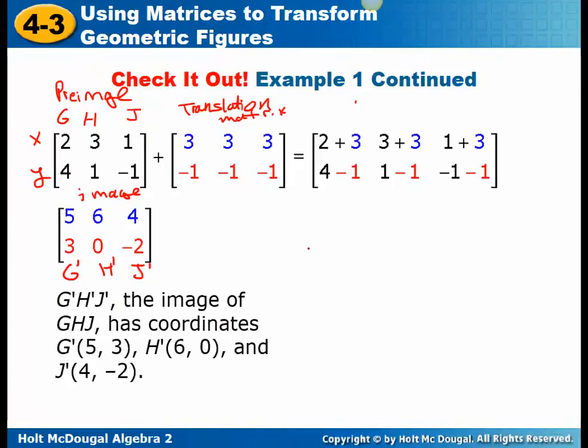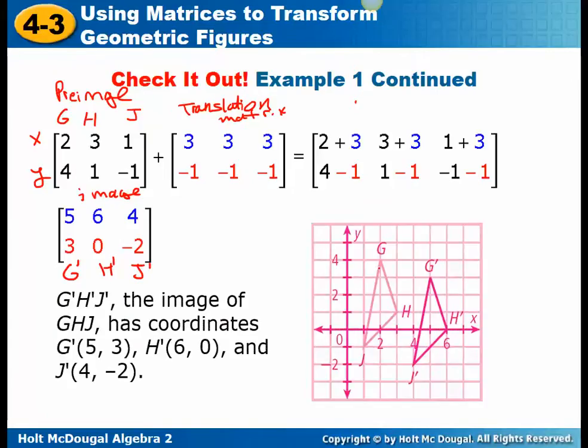And you can sketch both the pre-image, which is the original, and the image, which is after the translation, 3 right and 1 down. And we can find the coordinates of our new translated image, with the x coordinates again and the y coordinates. So 5, 3, 6, 0, and 4, -2 would be the 3 coordinates.